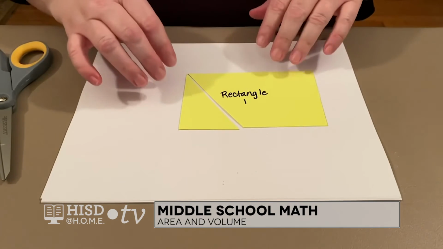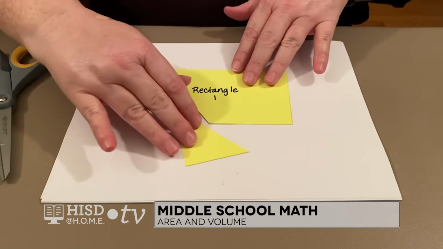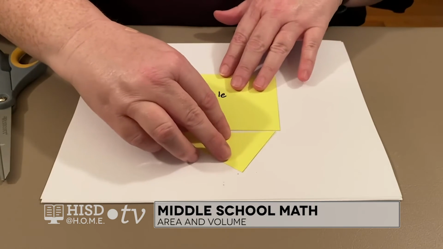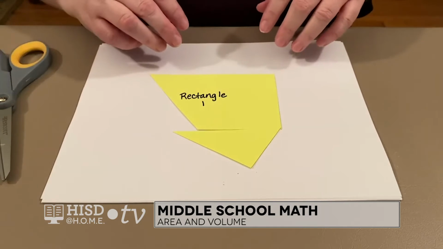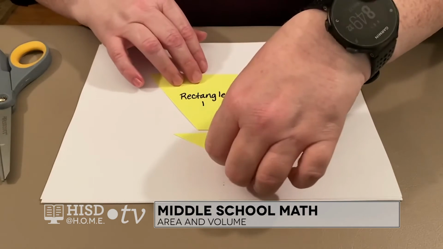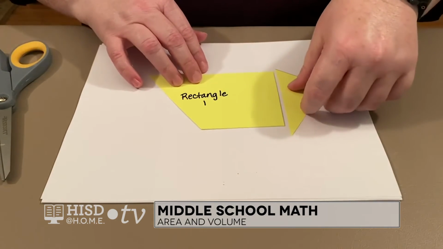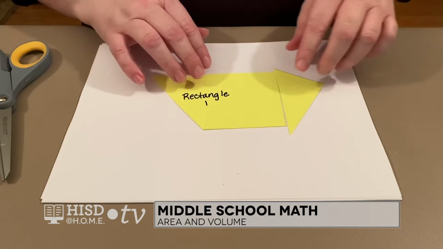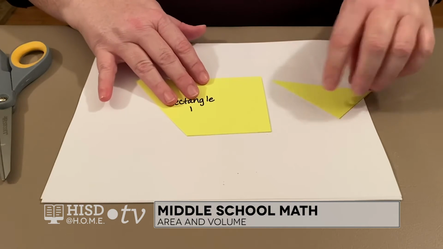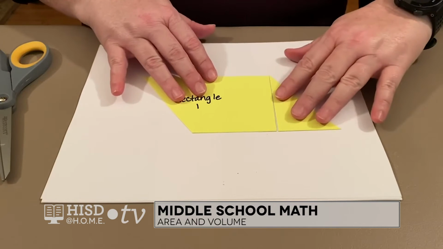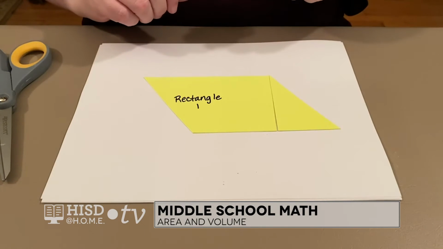And then we're going to ask you to rotate. And I'm wondering, let's see. Nope, that doesn't work. Because remember, I'm trying to make a parallelogram. That doesn't work. That works. Okay?